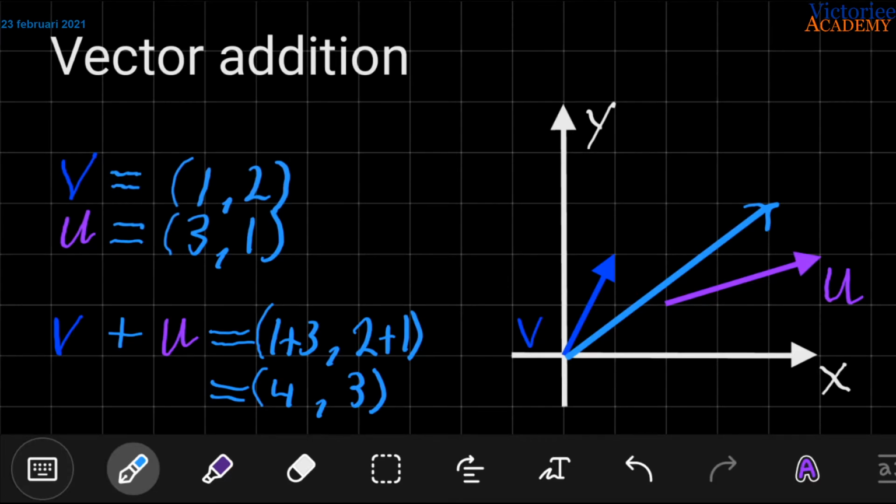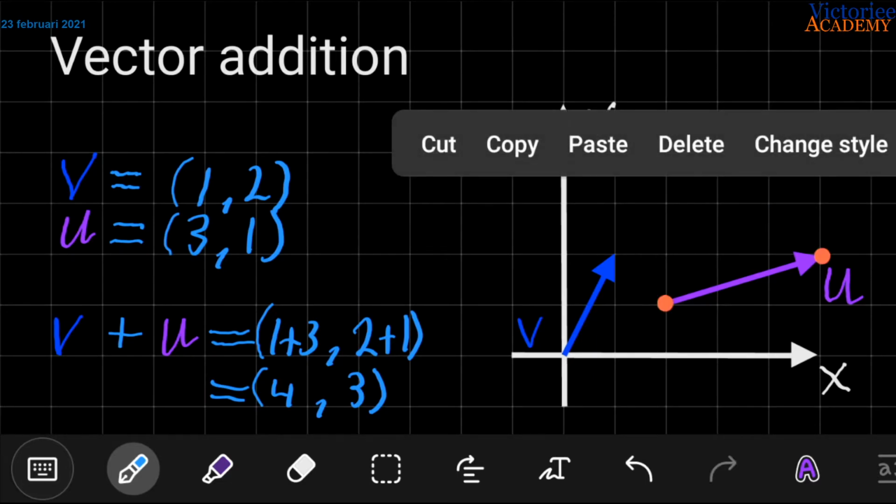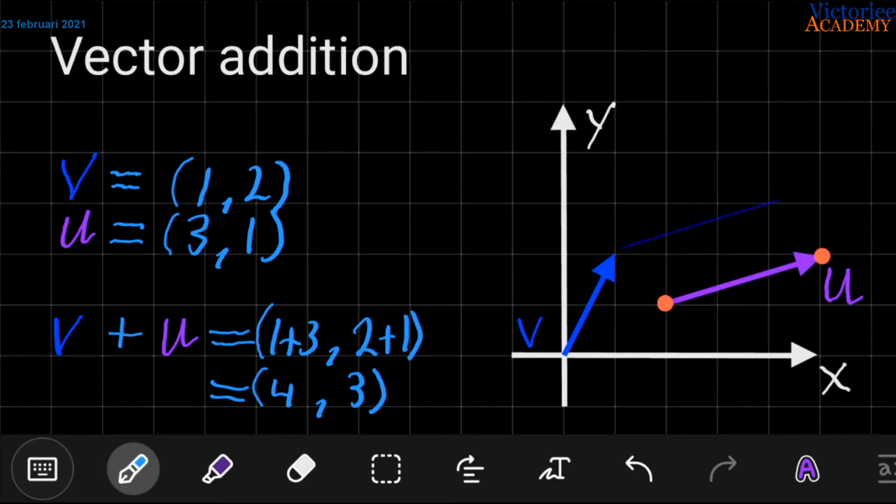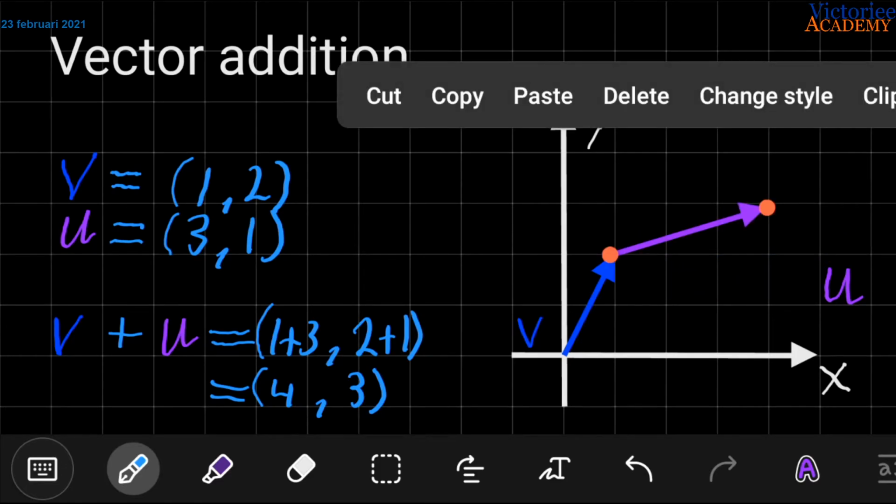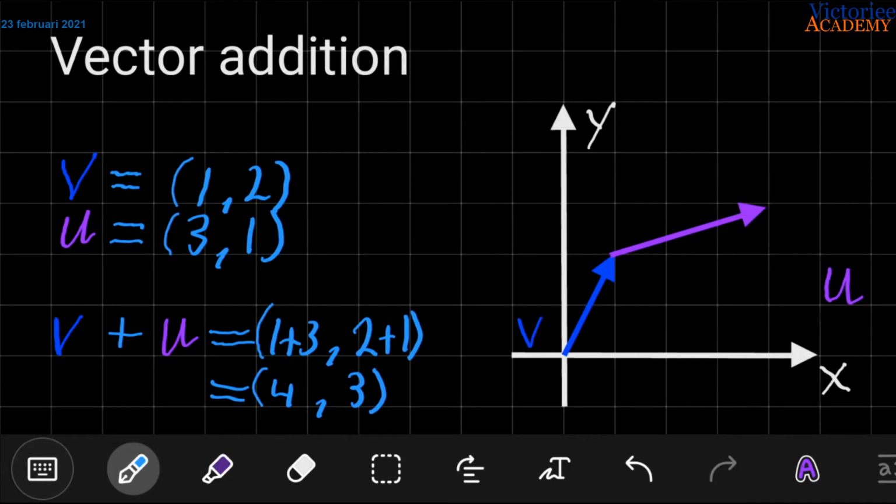Very nice. One interesting thing you can see here, and now we go to the visual part of understanding vector addition, is that this vector here is also represented by the parallel moving of the vectors. So if you want to do a visual addition of the two vectors, you're going to move the vector you're adding to the point end of the first vector.